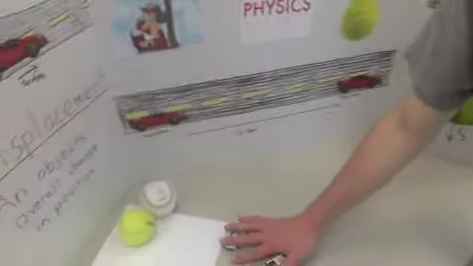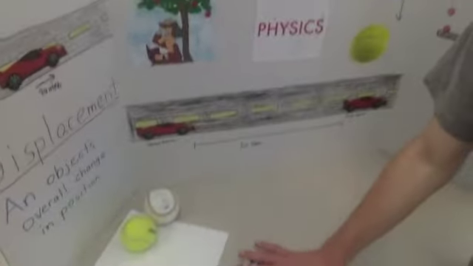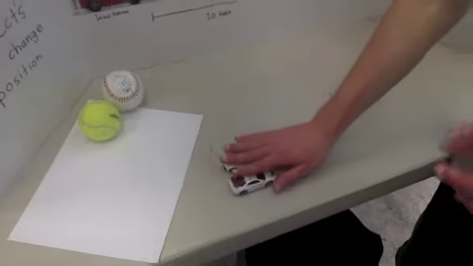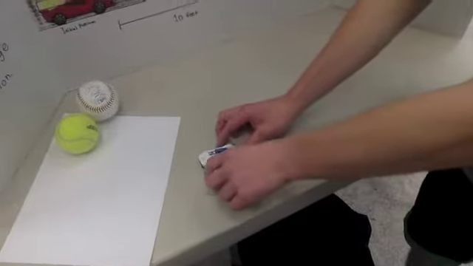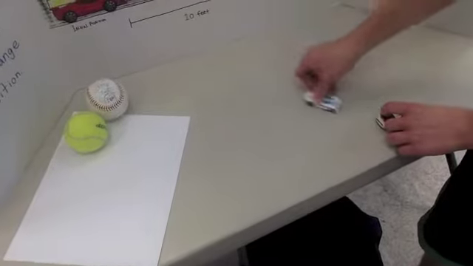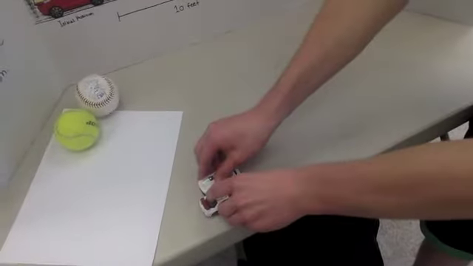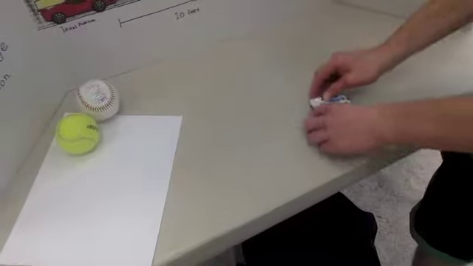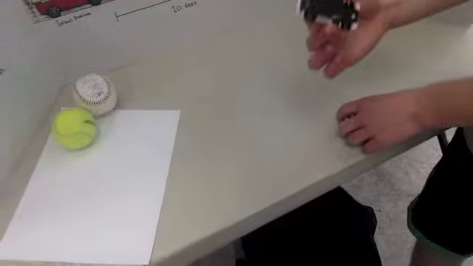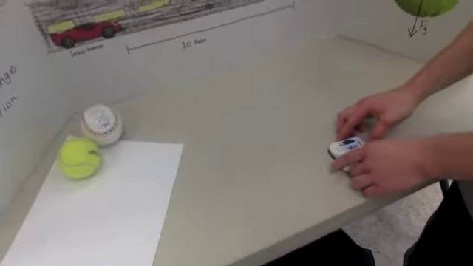Now we're going to talk a little bit about displacement and velocity. Displacement is like a distance traveled by an object, but it's only its overall change in position. So if one car goes straight and the other car takes a diagonal, and they started at the same position and ended at the exact same position, even though this one's traveling a much greater distance, their overall displacement is exactly the same.